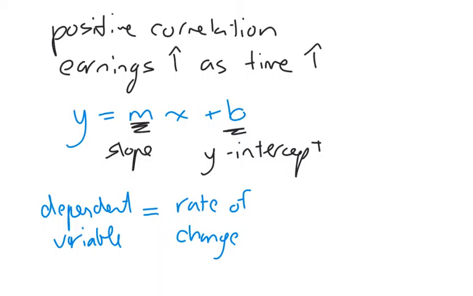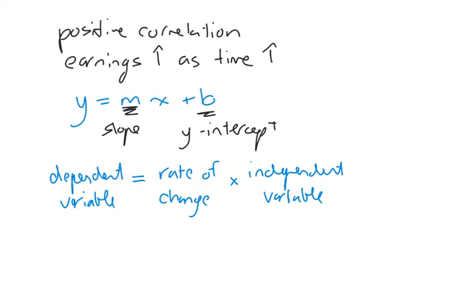And instead of saying x, we can say independent variable, since the independent variable is located on the x-axis. And last but not least, the y-intercept is considered the initial value. And I'm just going to show you where all of these things are coming from.